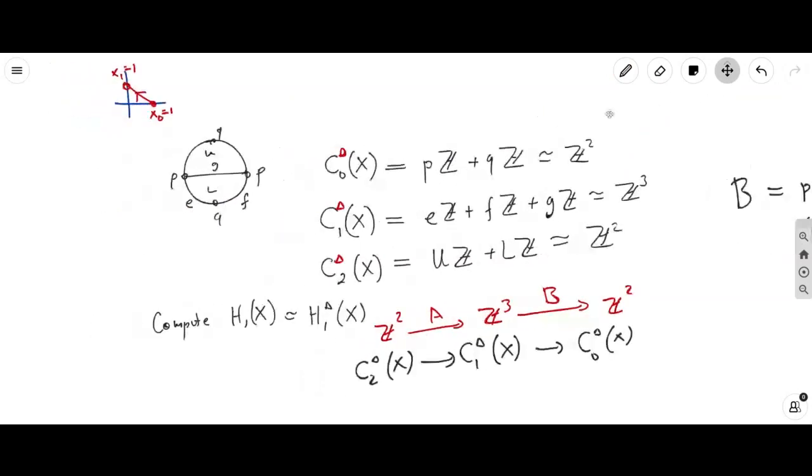Well, actually, maybe I should not do that. Maybe what I should do first is be a little bit careful here, because remember how we're getting U and L. The way we're getting E, F, and G is we first begin with U and L, and then we restrict it to the faces to get E, F, and G. So here's the way we're getting U. It's a 2 simplex.